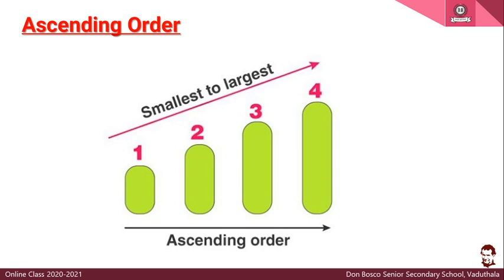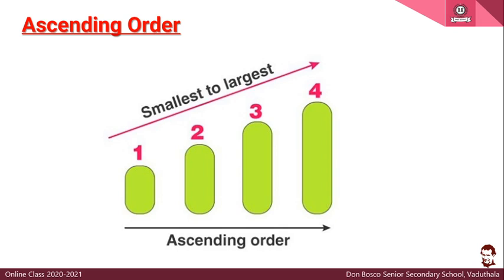So they are arranged from the smallest to the biggest. That order is called ascending order. Ascending order means arranging from the smallest to the biggest. You have to keep this word in mind, ascending order.